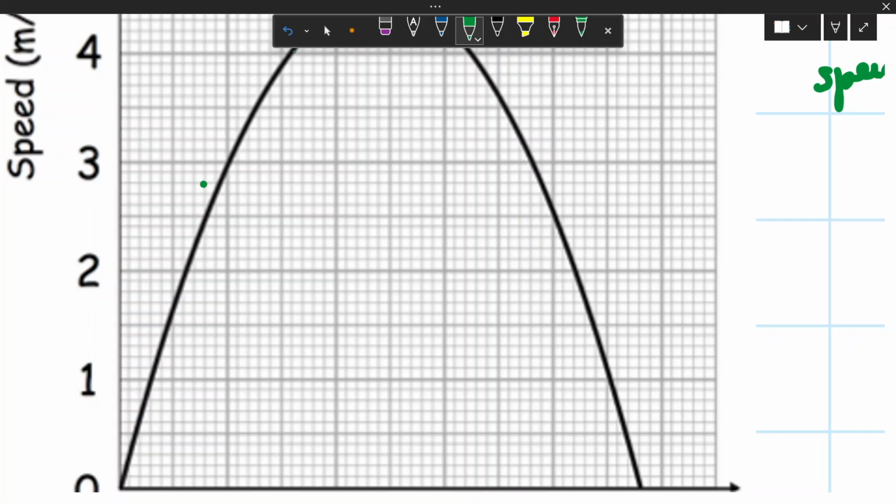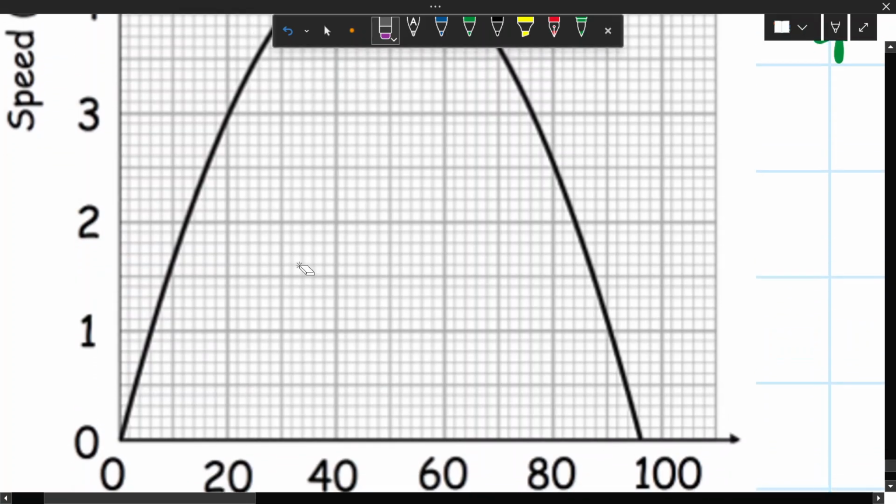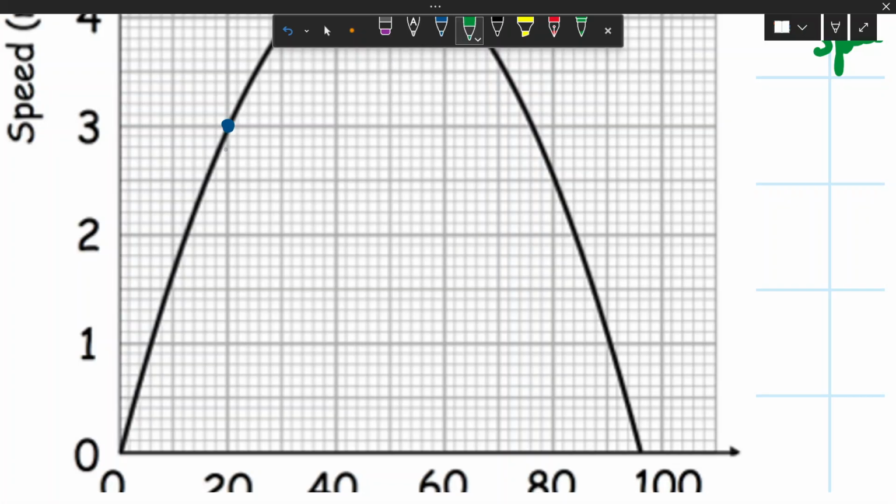So the point that you're looking at is at 20 seconds. So let's first figure out where. Okay, so first identify where the point is. So this is the point that you're looking for. You're going to make a nice little tangent there, not too long and not too short. So let me see if I can do it.